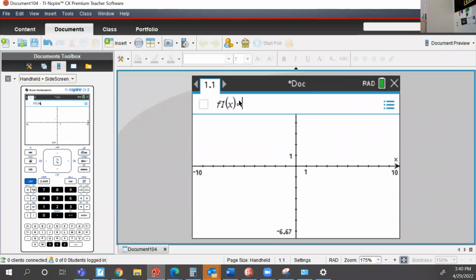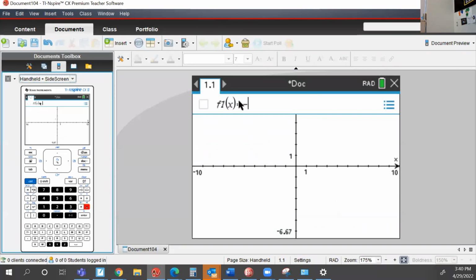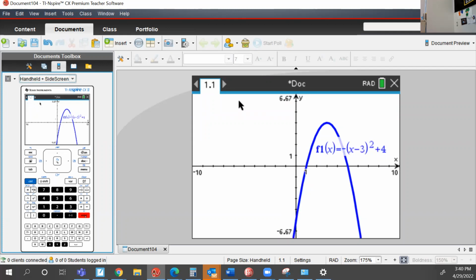It is minus, open parentheses x minus 3, close parentheses, squared, plus 4. Okay, so that's what the graph looks like.